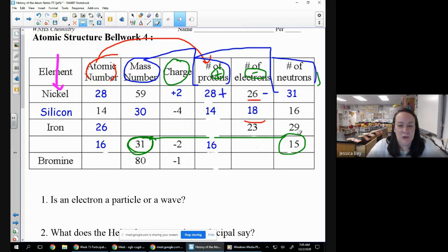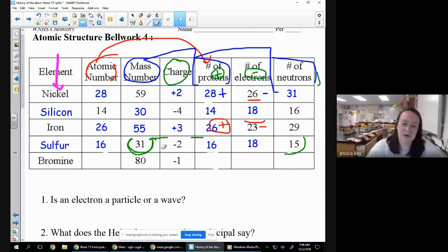Iron, I look up as 26. That's how many protons it has. 29 plus 26 gives me a mass of 55. If I have plus 26 minus 23, that means I have extra pluses, a charge of +3. We kind of started this one down here. 16 tells me that it's sulfur. If I want a -2 charge, 16 protons and 18 negatives would get me to the -2 charge.